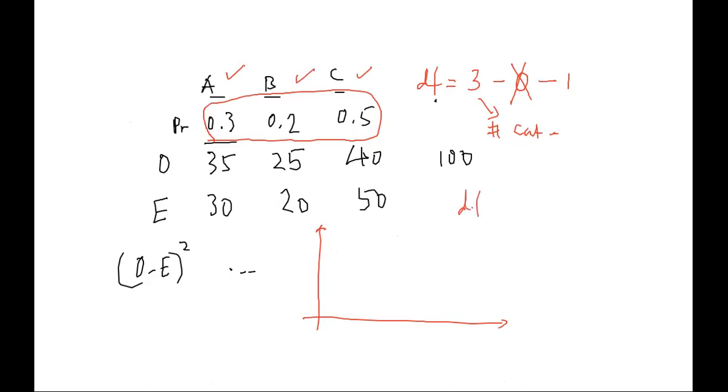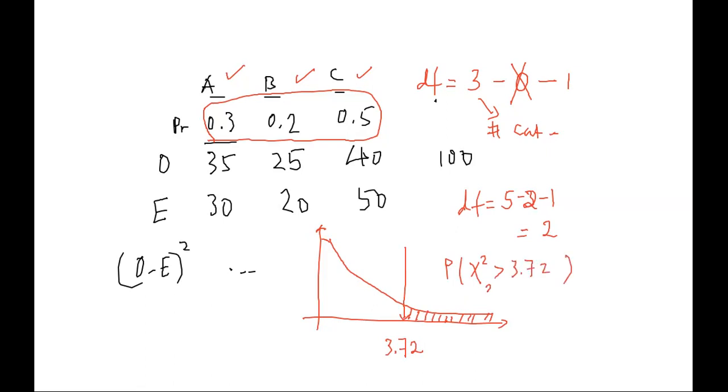Your degree of freedom in that case was 5 subtract 3, sorry, subtract 2, subtract 1, actually 2. So your chi-square density might look something like this. So 7.815. Here it says you observe 3.72. The p-value is this part. Your chi-square is 2 degrees of freedom. So what is this probability?